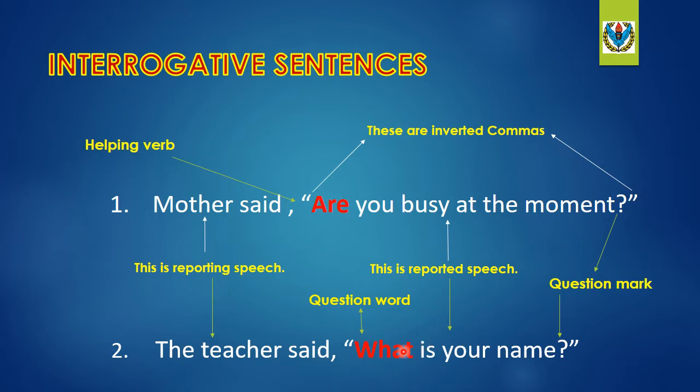Instead of a helping verb, there is a question word, which is also called a relative pronoun. For simplicity, we call them WH words, because most of these words start with WH, for instance, what, when, where, whether, which, etc. So we call them question words.